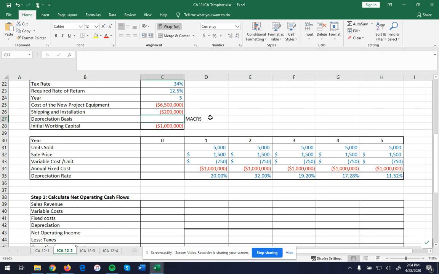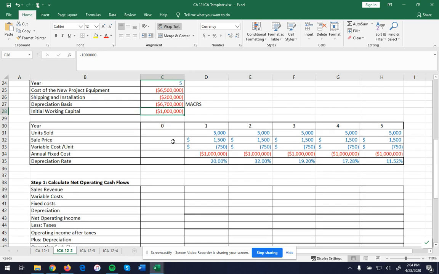But what is depreciated is the equipment that is installed to do this project. So for the depreciation, we're actually going to calculate it on the cost of the equipment plus any shipping, installation, and setup fees. So our depreciation basis, what we will be calculating depreciation on, will be $6.7 million.